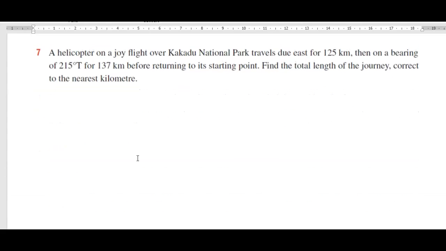All right, last question. A helicopter on a joy flight over Kakadu National Park travels due east for 125 kilometers. So let's just do north, east, south, west. So the helicopter has gone due east for 125. Then on a bearing of 215 degrees for 137 kilometers.